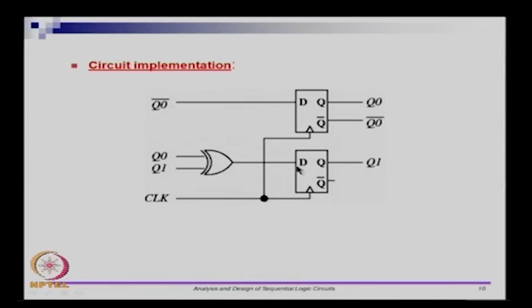So that is what you have here. If your flip flops have both Q and Q bar available, then you can connect this directly here. If Q bar cannot be tapped, then you need to put an inverter, and that will give you Q0 bar. And in this circuit Q0 and Q1 are directly going to the external world.